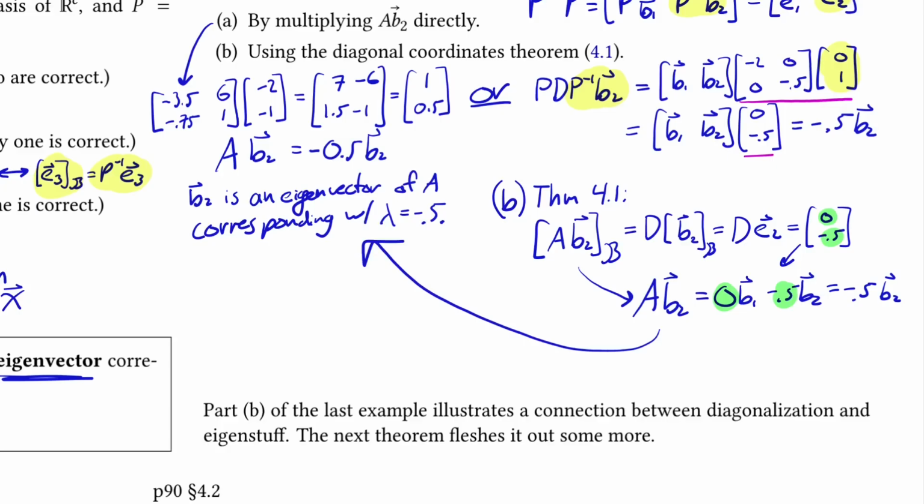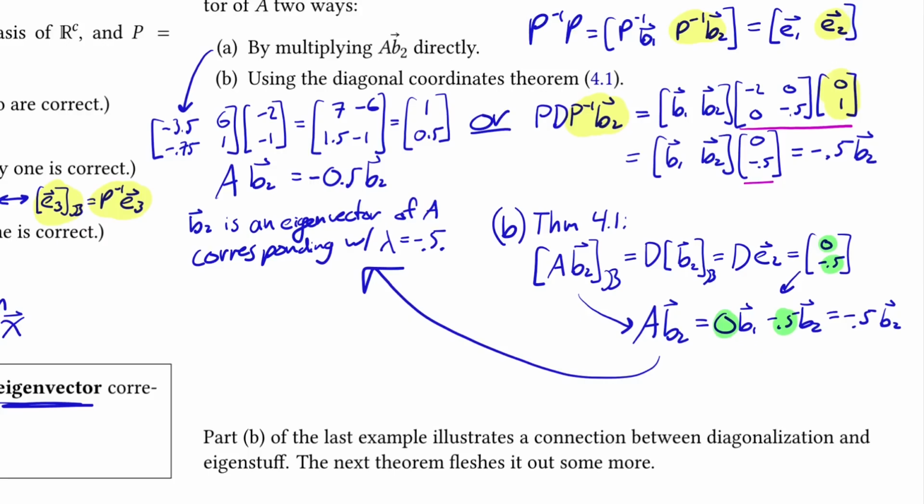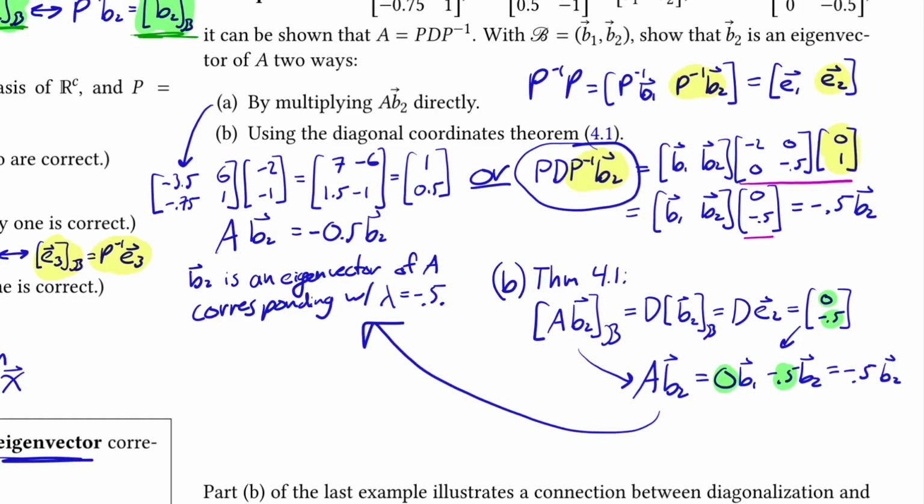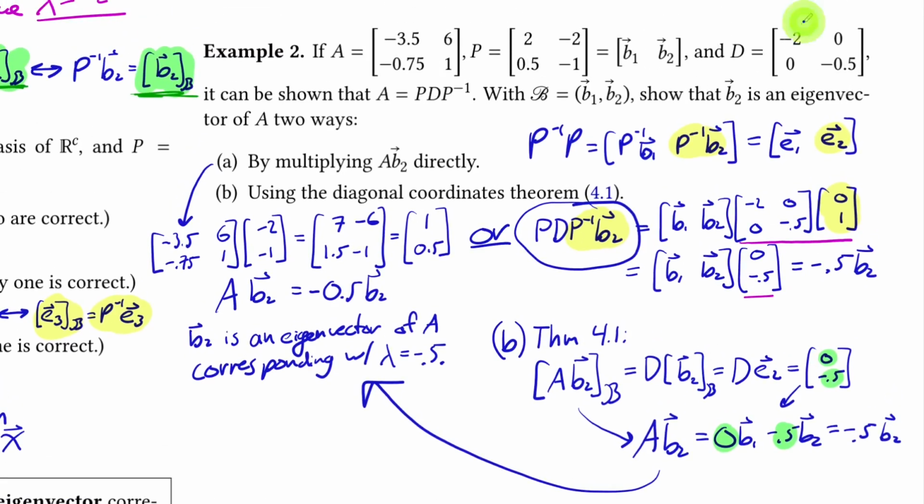So this concept here works in general. We're kind of looking at it two ways. One, in terms of just the straight up diagonalization, and also thinking about how multiplying anything by A is going to stretch out the B coordinates of that thing by the diagonal entries in D here.